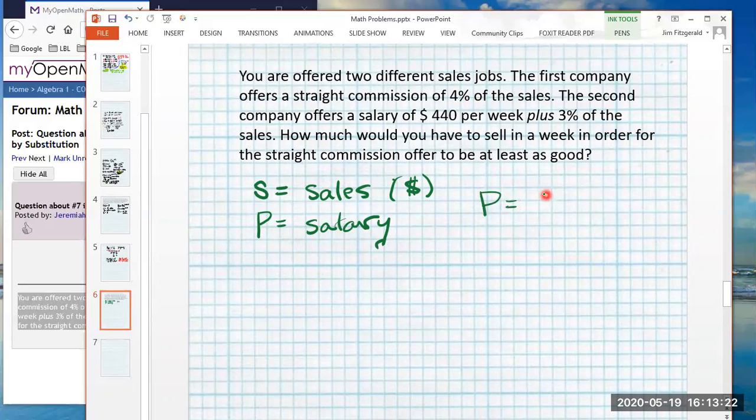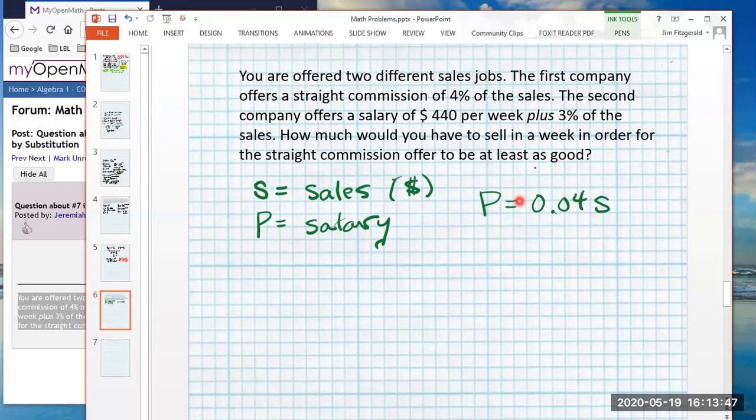Now I'm not going to write 4%, I'm going to change that to a decimal, which is going to be 0.04. And it's 0.04 of, or times, the number of sales, or the amount of the sales. So there's the first equation: P is equal to 0.04S. Okay, so that's the first company.